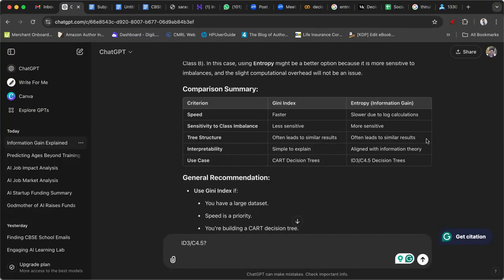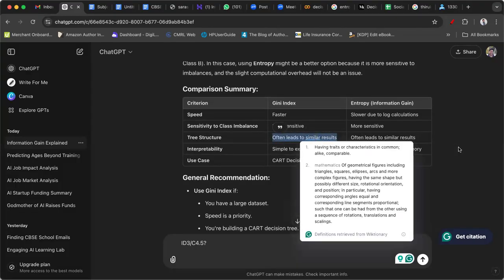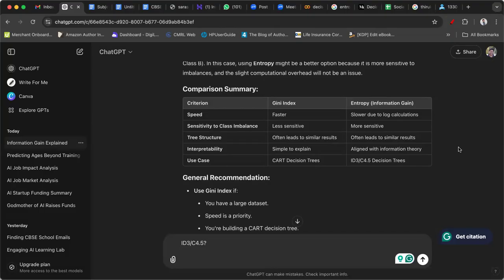So you are not getting creative ideas, a creative approach, from the LLMs. This is because maybe they would have used the Gini index, right? This often leads to similar results, and you won't get anything new. That is also one of the major issues, and there is no big difference between both the models.